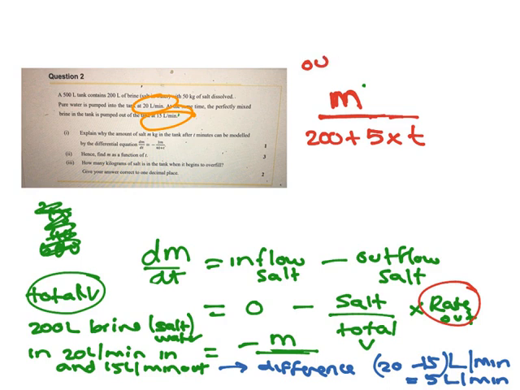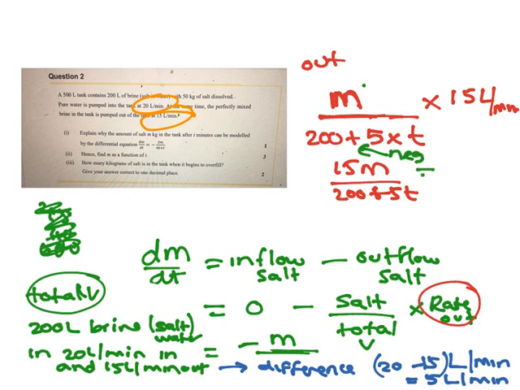What's going out is times the rate of outflow, and the rate of outflow is 15 litres per minute. So that ends up being 15M over 200 plus 5t. Now, if there was more going out than coming in, the sign there would have been negative. So if you divide all this by 5, this would be 3M on 40 plus t. And that's where they get that equation from.